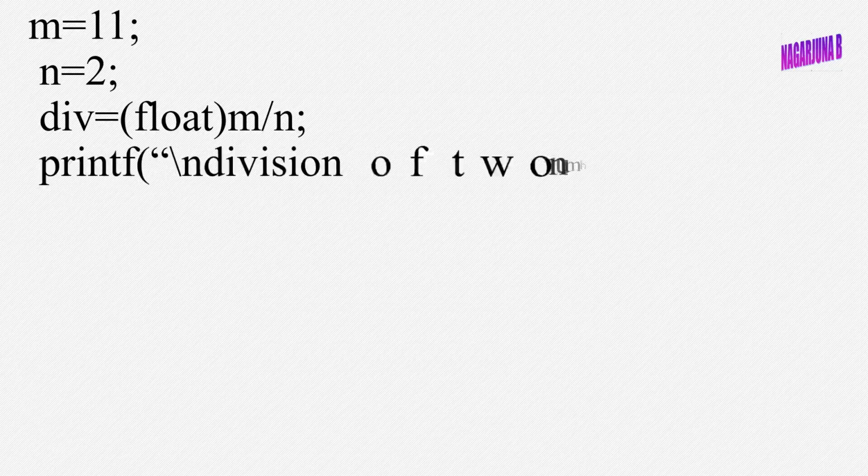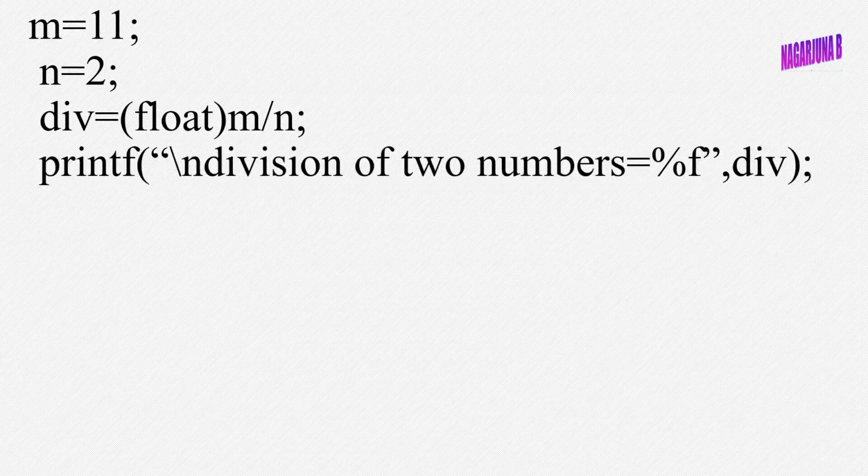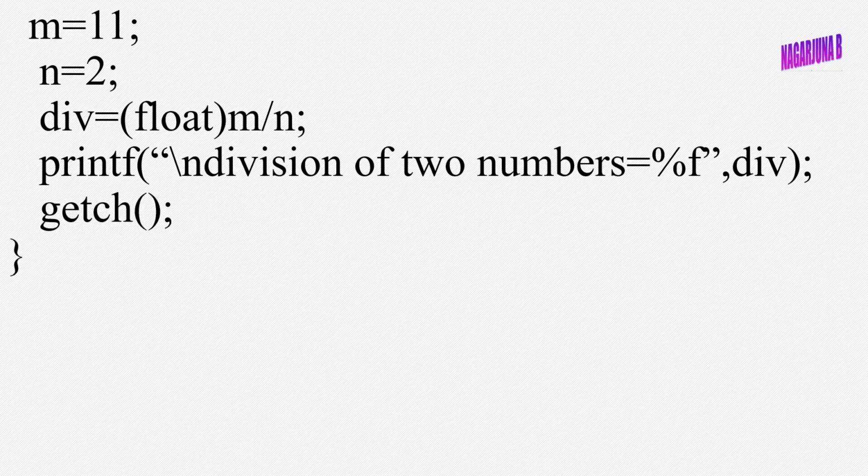For that purpose, printf within the double quotes, "\n division of two numbers is equal to %f" close, comma div; Now after that getch(); After that close the main function by writing the closing curly brace.